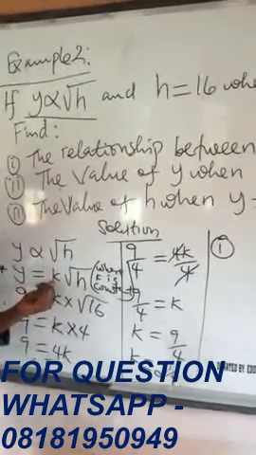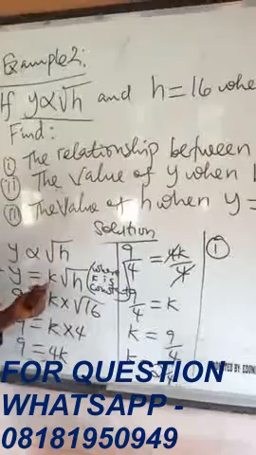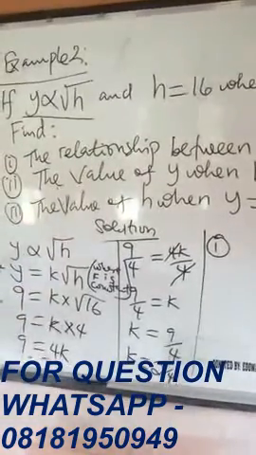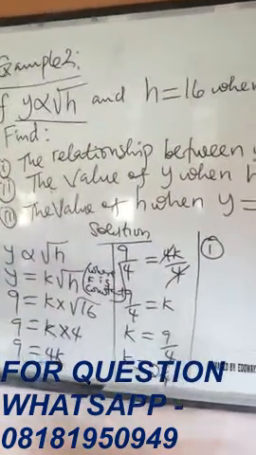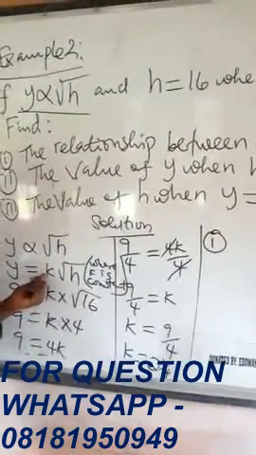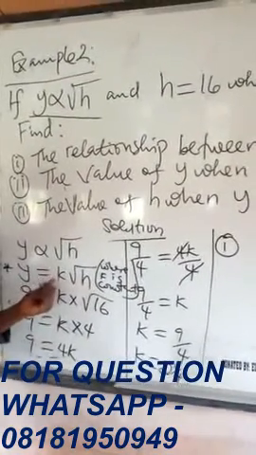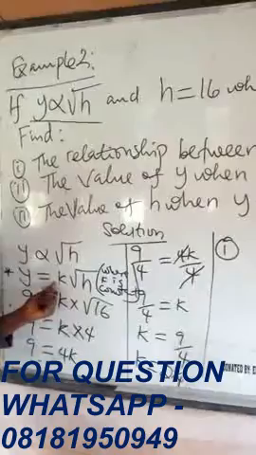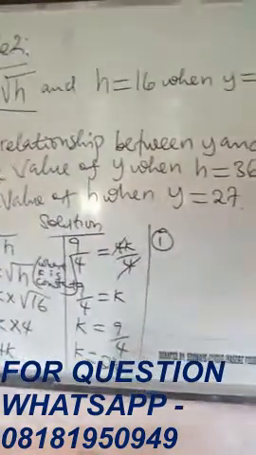Some students often ask, must we use k? For direct, inverse and joint variation, it is advisable that students use k as their constant. In partial variation, you can use another variable as the constant. Is that clear, students? Now let's proceed.